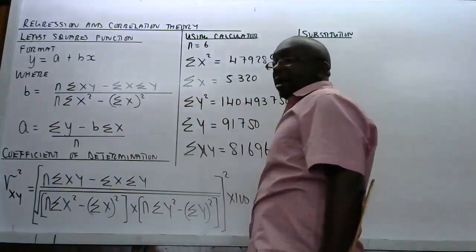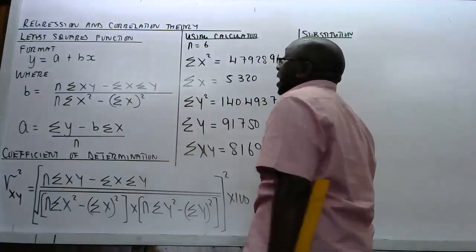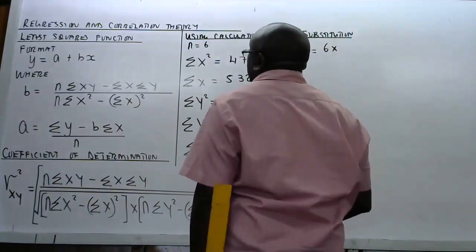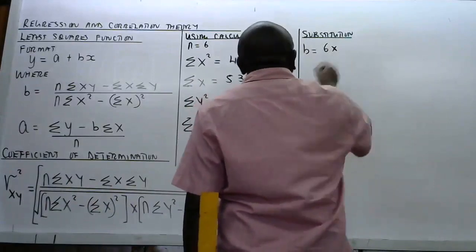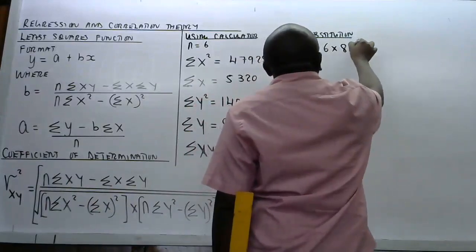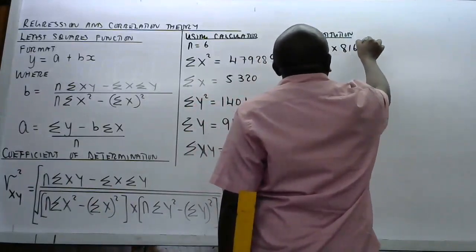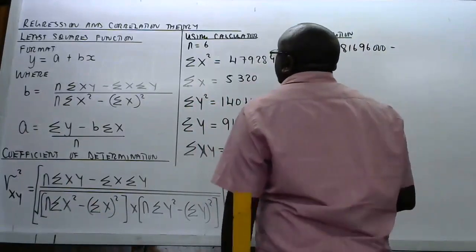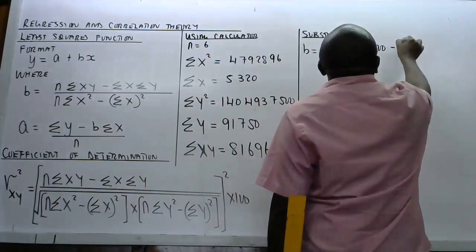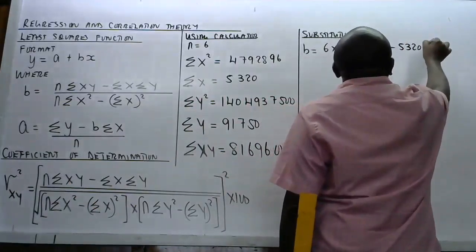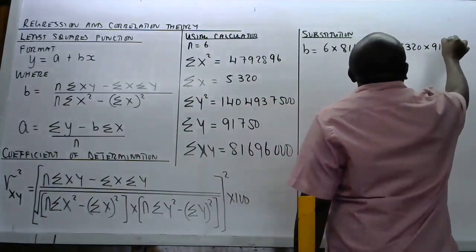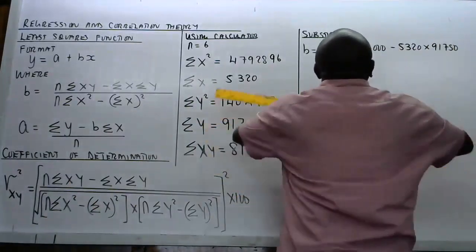According to our formula, b requires n, and we know n is 6, times sum of xy, which we already have, 8169600, minus sum of x, 5320, times sum of y, 91750.